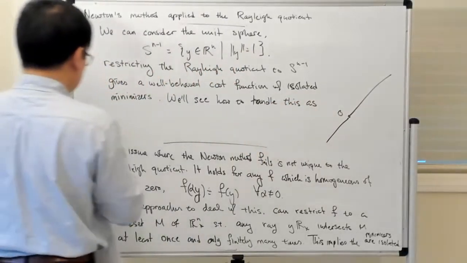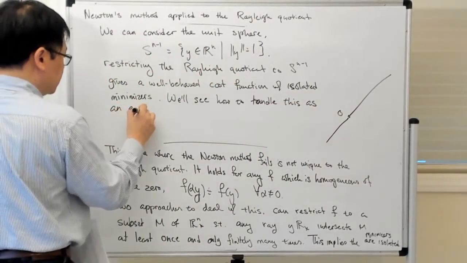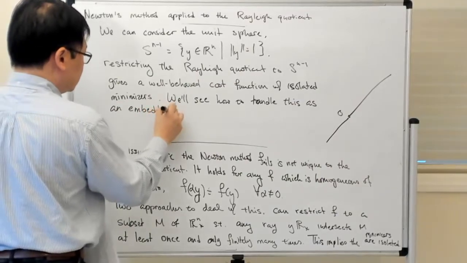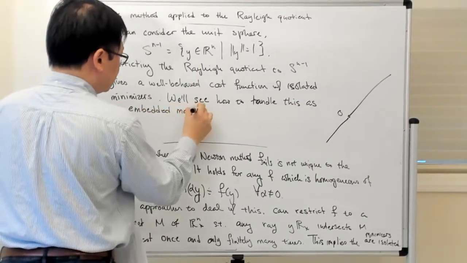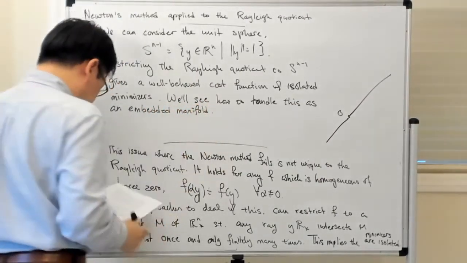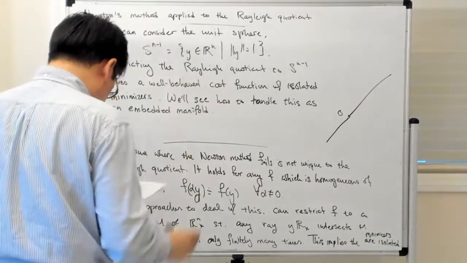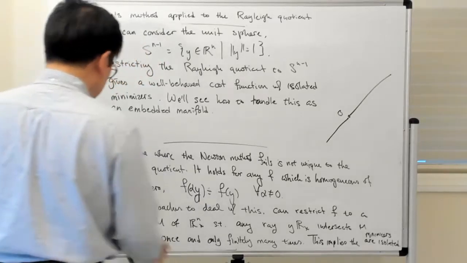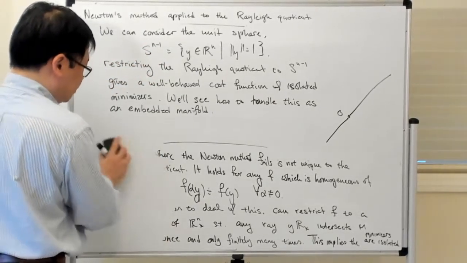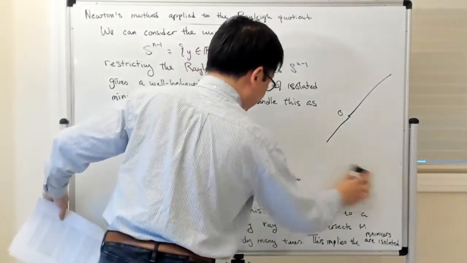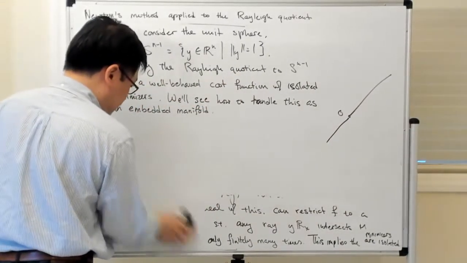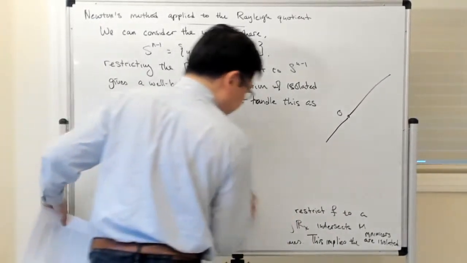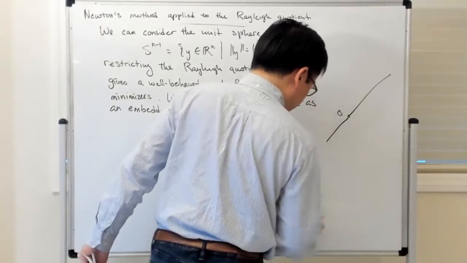As an embedded manifold. And then, the other approach is to think of this as a quotient space. Again, the right thing to do is to think of this as the real projective space.